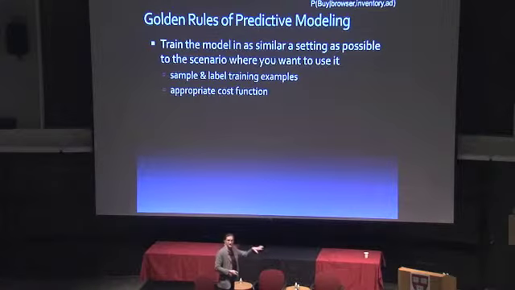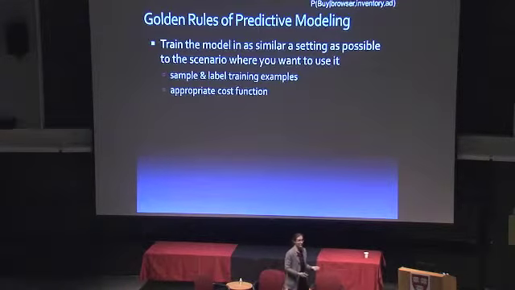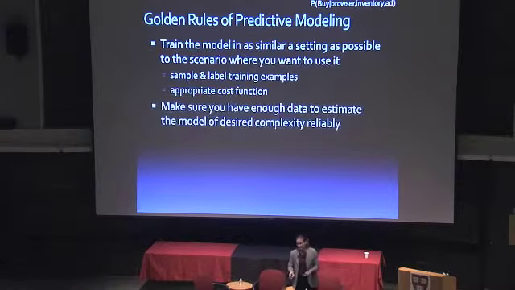That means it should be the same sample, and things should mean the same thing, like labels. And you should optimize the right thing. If you want a very accurate model, then you have to optimize accuracy. If you want a good ranking model, then accuracy doesn't really matter at all. And the second footnote is you need to have enough data to do so. Otherwise, you have to maybe simplify your model or think about this.